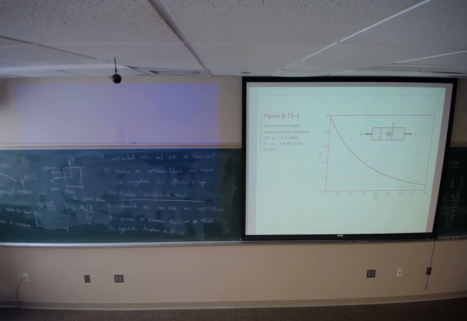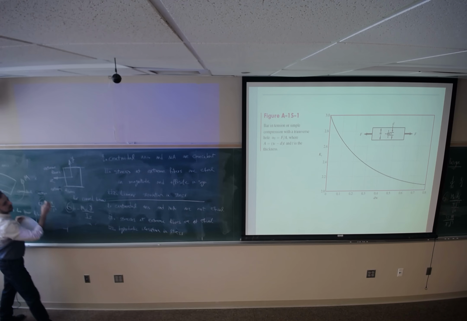Rn minus R is defined as y, the distance from the neutral axis.